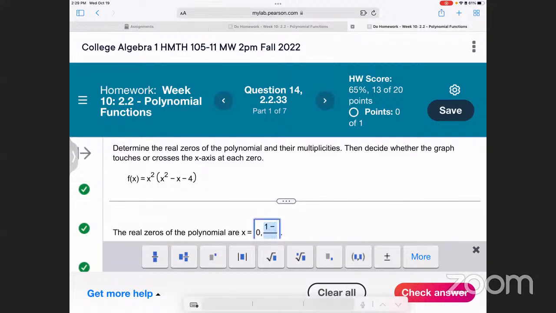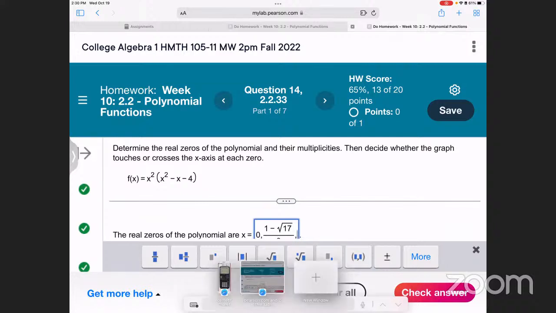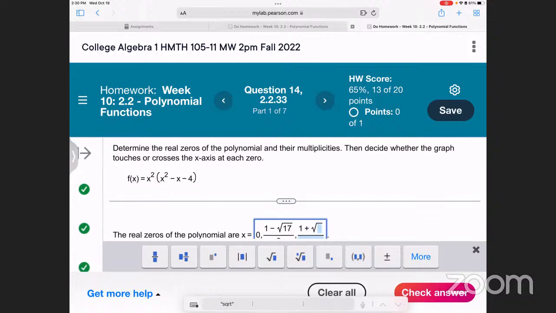So on top we have 1 minus the square root of 17 over 2, comma. We did the minus, and then let's do another fraction. Put our comma here. And this was supposed to be 1 plus the square root of 17 over 2. Okay.